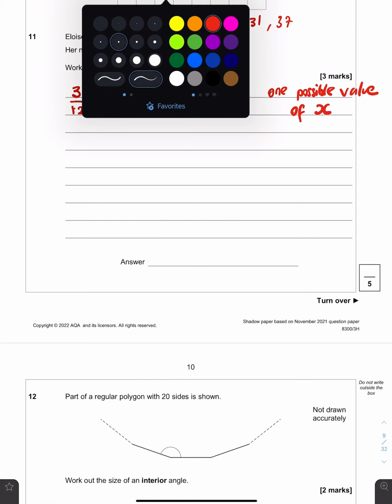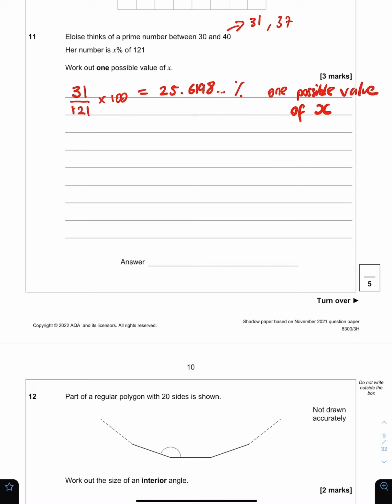Then, what color should I change to? Let's go for blue. If it were 37, you'd do 37 over 121 times by 100. By the way, you don't have to do both because it's only saying work out one, but I'm going to work out both just in case people were trying the other one.